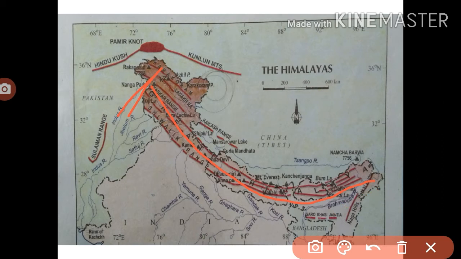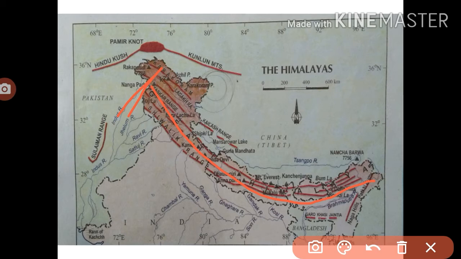The Himalayas represent the loftiest and one of the most rugged mountain barriers of the world.